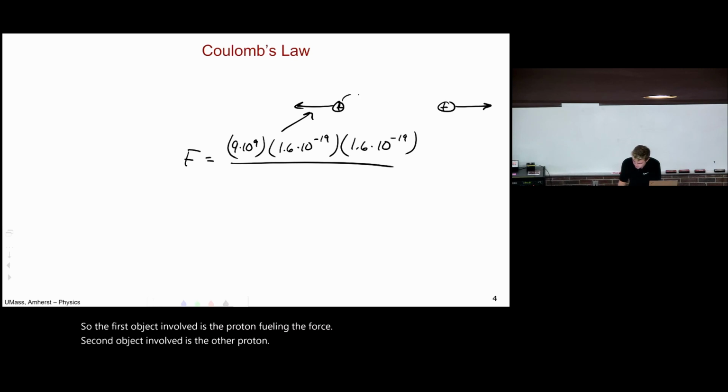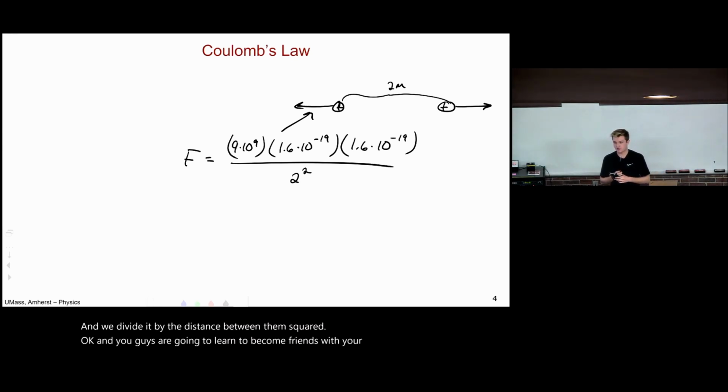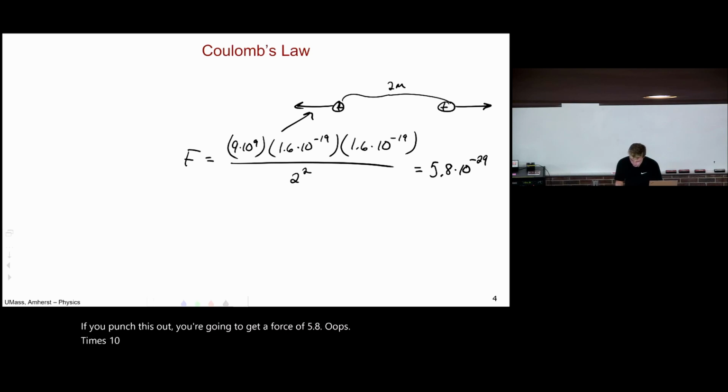And we divide it by the distance between them squared. Okay, and you guys are going to learn to become friends with your graphing calculator, specifically the EE key, the raised to the power of 10 key. If you punch this out, you're going to get a force of 5.8 times 10 to the negative 29th newtons.